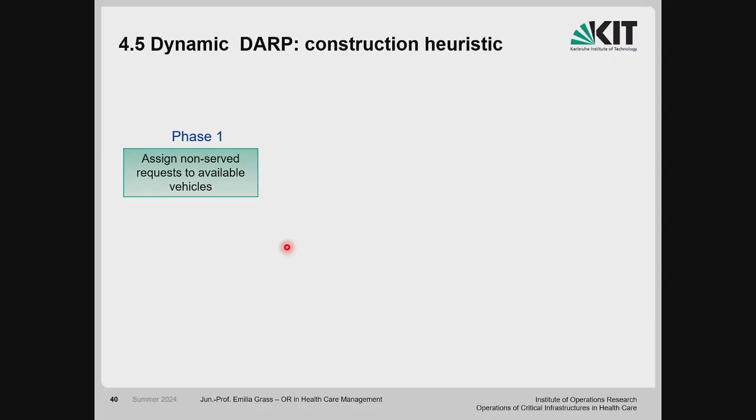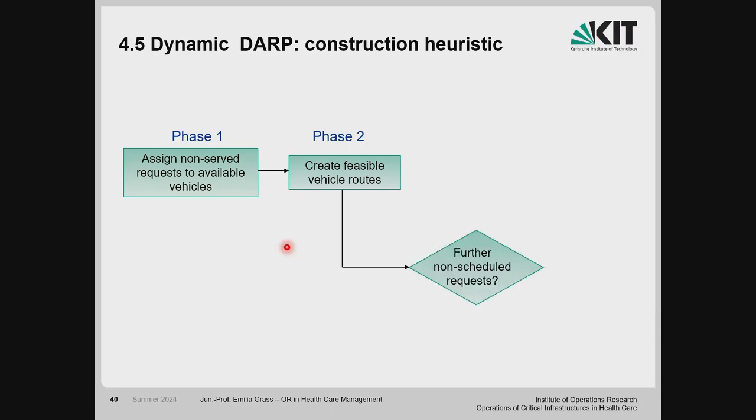So you have 7 vehicles, you have 20 requests, just assign them to some vehicle. It doesn't matter, simply do this clustering. And then the second phase is to create feasible routes. When you assign the requests to the vehicles, think of how to reach the delivery locations, so that this is feasible at least.